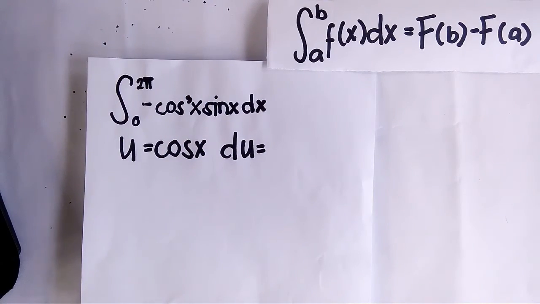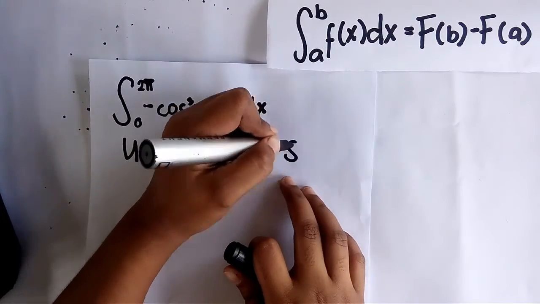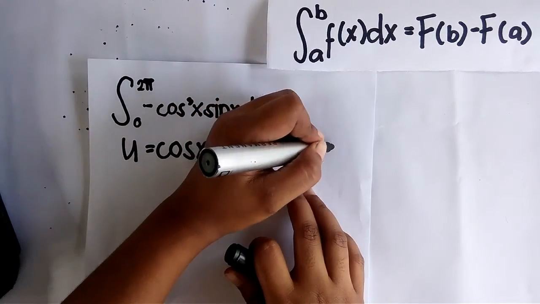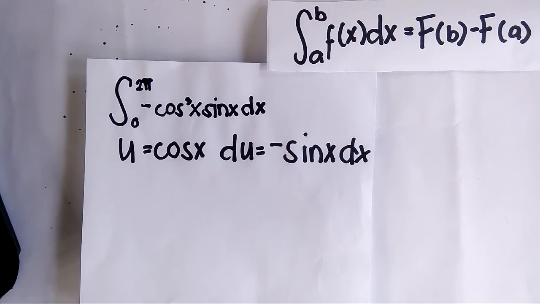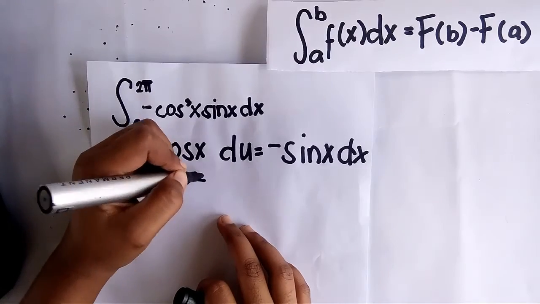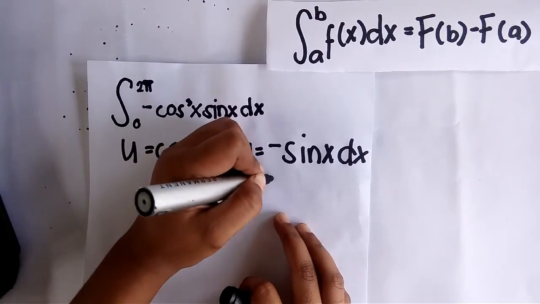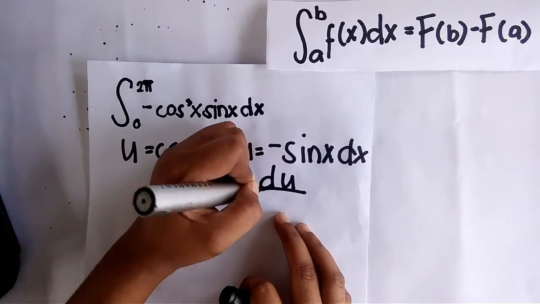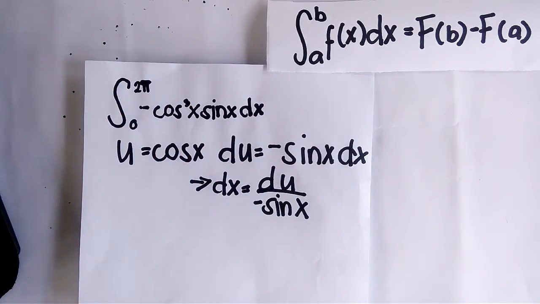We know that the derivative of cosine x should be negative sine x. So we have dx is equal to du over negative sine x.